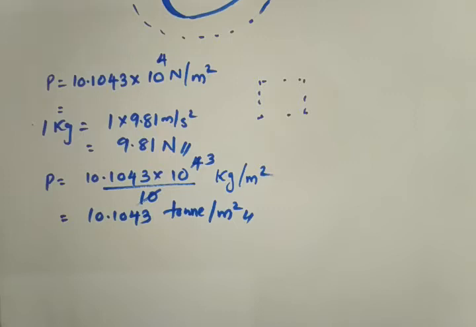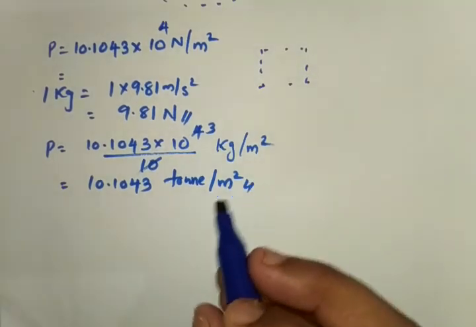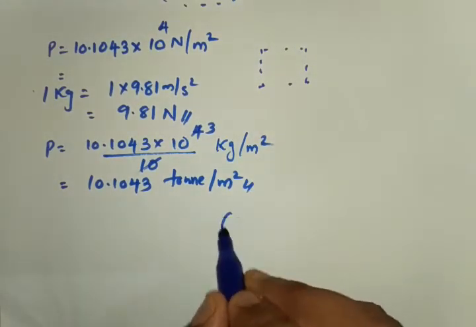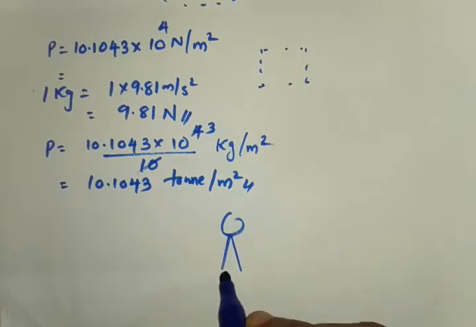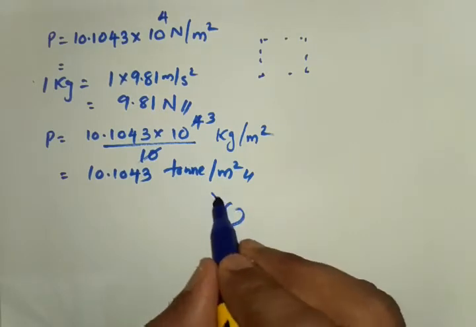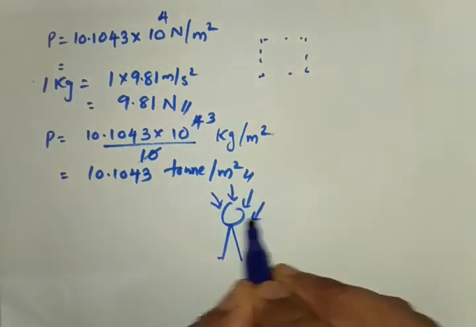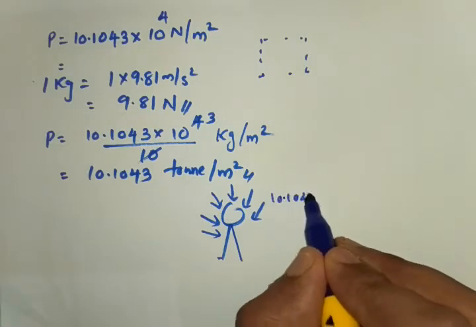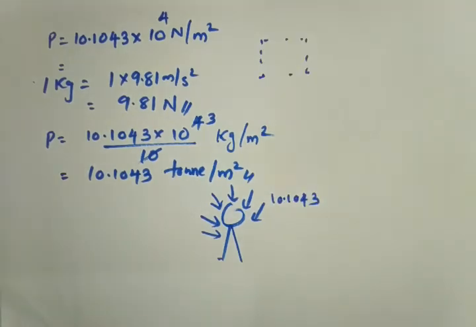And do you know why we cannot feel this? Let's take our example, we the human beings. The force exerted by the atmosphere is 10.1043 ton per meter square. And why are we not crushed by this huge amount of force?